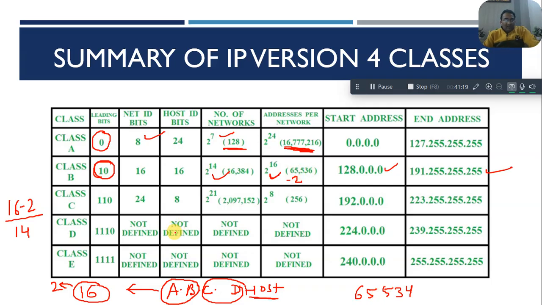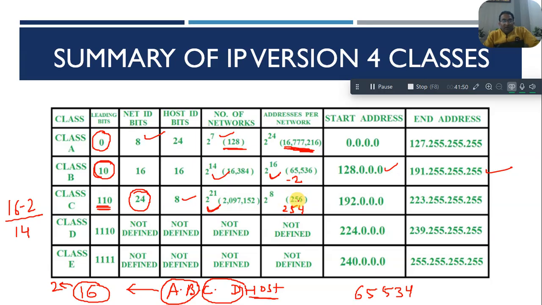Now class C: the initial 3 bits are 110, and we use a total of 24 bits for the network, and the remaining 8 bits are used for the host. So the total number of networks is 2 to the power 21, which is approximately 2,097,152 networks, and in each network there can be 254 hosts.